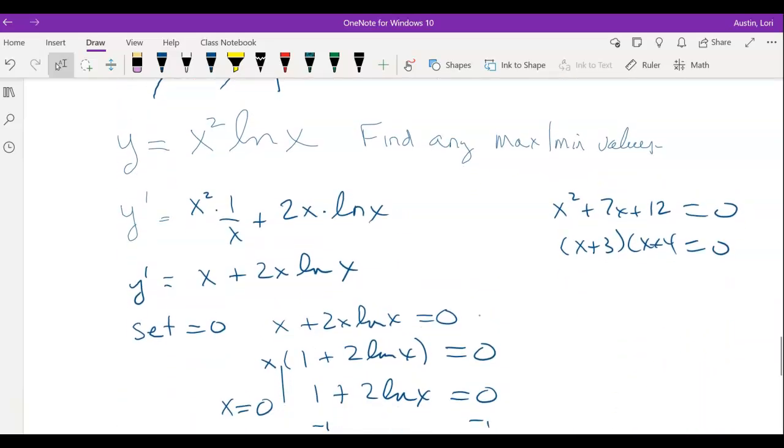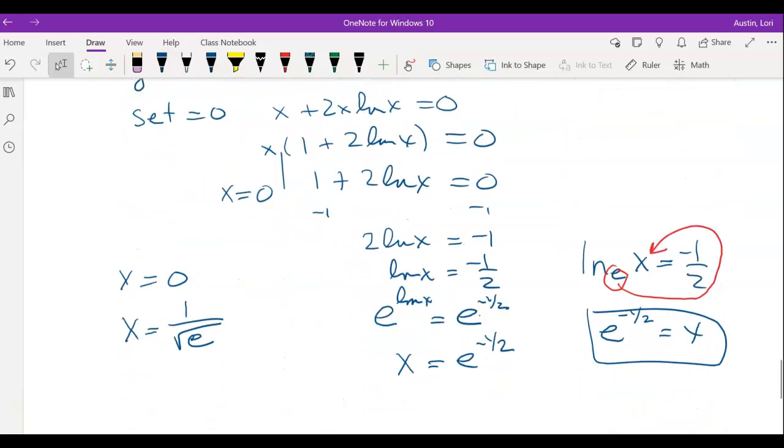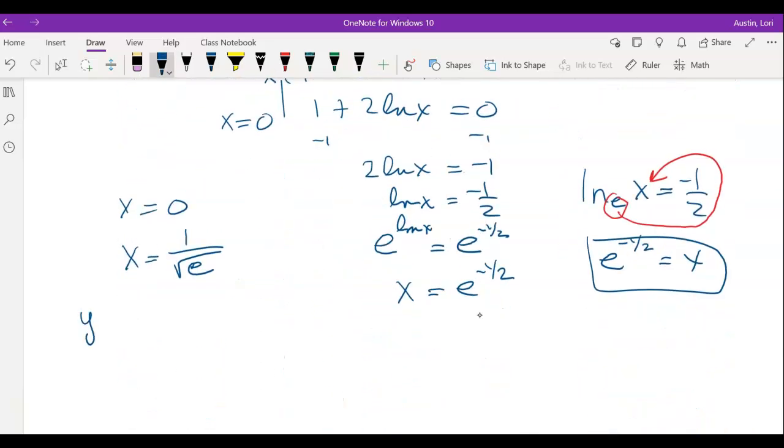All right, remember what our original function was: y equals x squared times ln x. Because we're not done. A min-max value is not the x value, it's the what? It's the y value. So you have to take your two places where you think there could be a min or max, and plug them back into your function. Let's try 0.